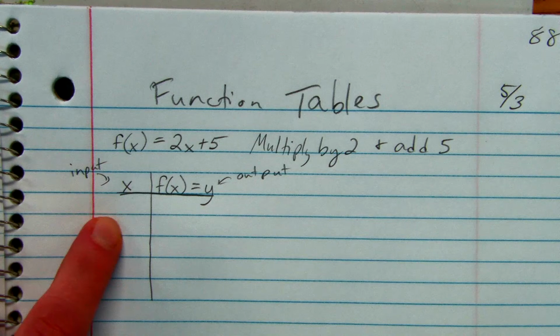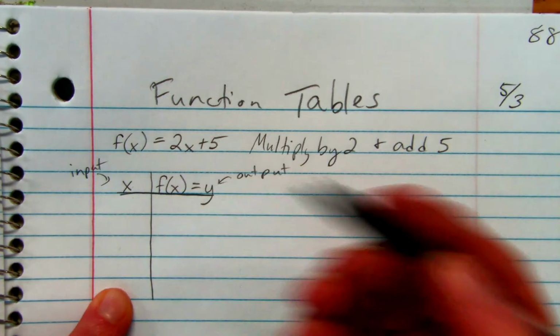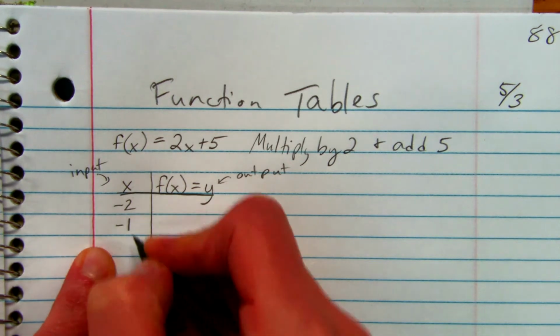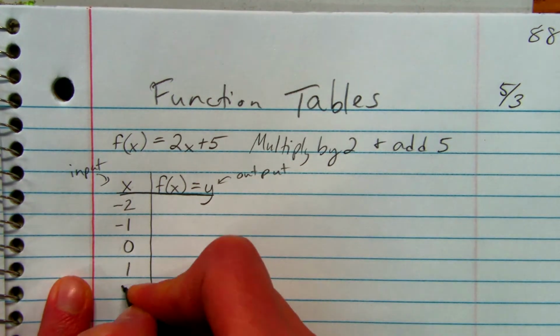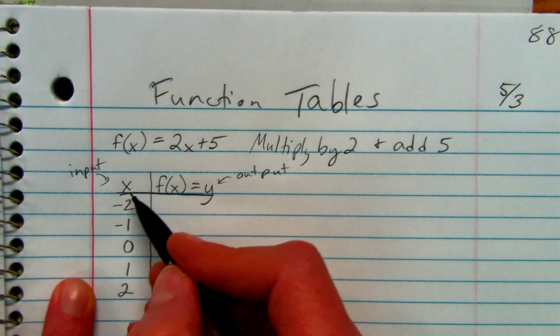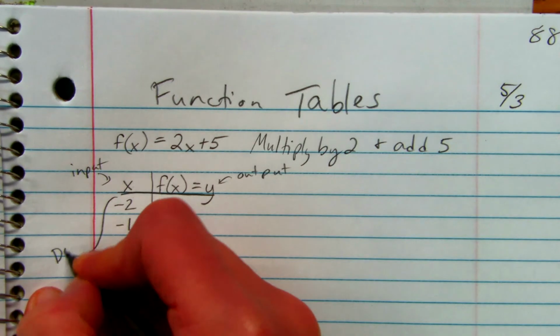So most of the time, you're going to have some numbers that just go in order. So I'm going to do -2, -1, 0, 1, and 2 for my inputs. These are my x values, so just to review, remember that this is now my domain.